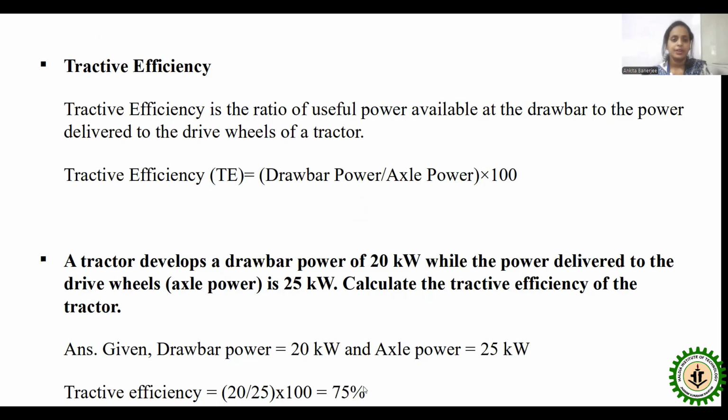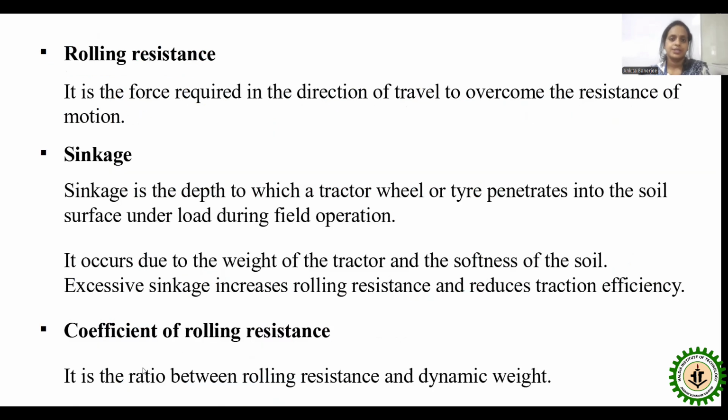Okay, next, rolling resistance. Rolling resistance is defined as the force required in the direction of travel to overcome the resistance of motion. Next, sinkage. Sinkage is nothing but the depth to which a tractor wheel or tire penetrates into the soil surface under load during field operation.